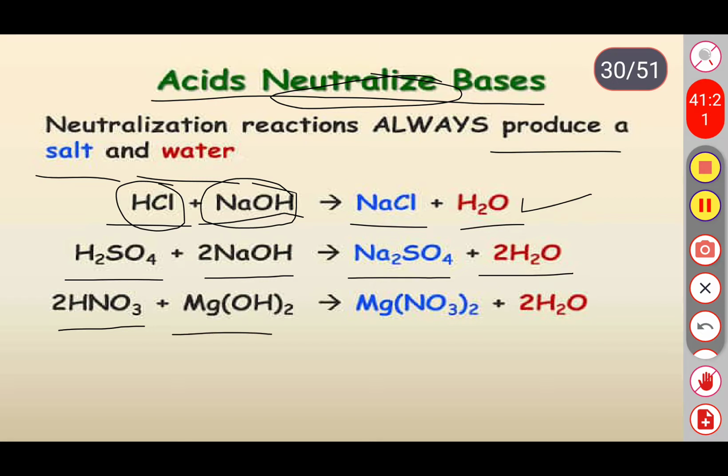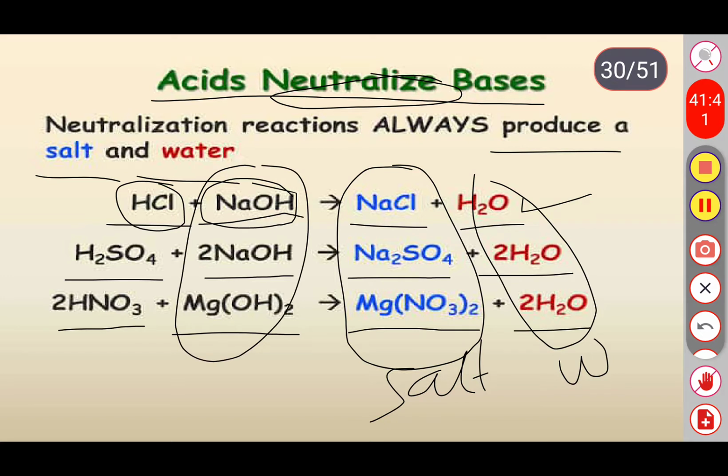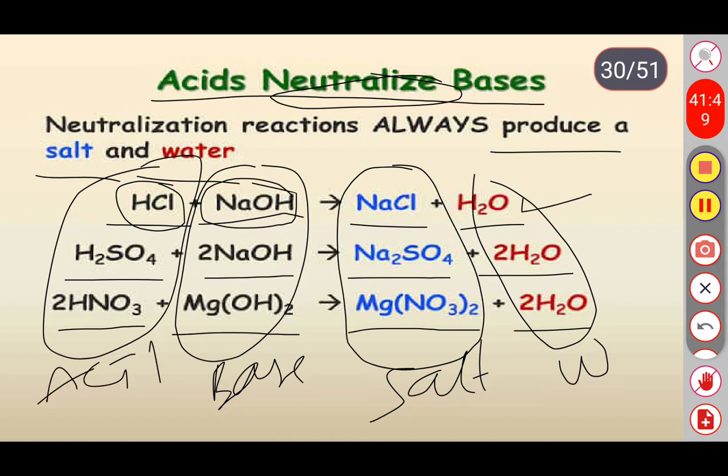All these are salts, and the remaining product is water; these all are the bases, and these all are acids. So neutralization reaction means when acid is combined with a base, it forms salt and water. That's why every neutralization reaction will produce a salt and water.